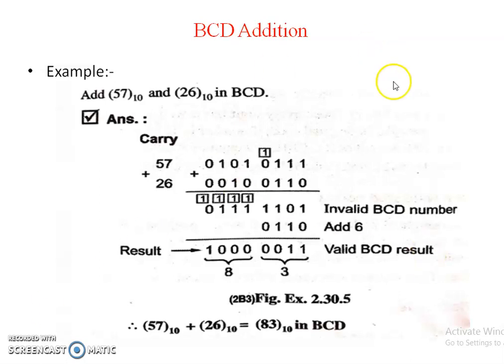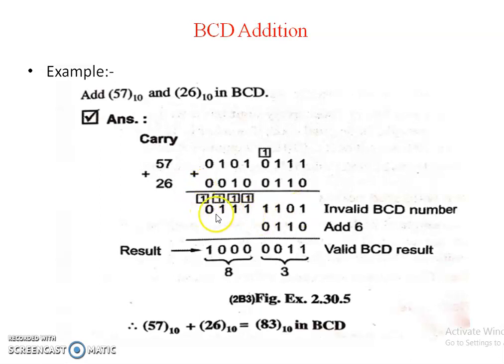Now see this example of BCD addition. So first step is to add the two BCD numbers. Here we add two BCD numbers, that means 57 and 26. After addition of these numbers, we get the sum.